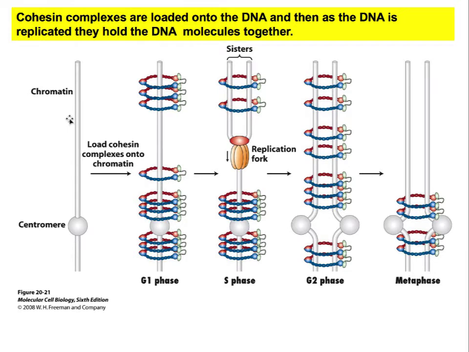We've learned in the past that during S phase, the DNA of chromosomes is copied. So here we can see a replication fork traveling down the chromosome to form two sister chromatids. And by the time the S phase finishes, we have two sister chromatids, but they're held together by these rings of cohesin proteins.